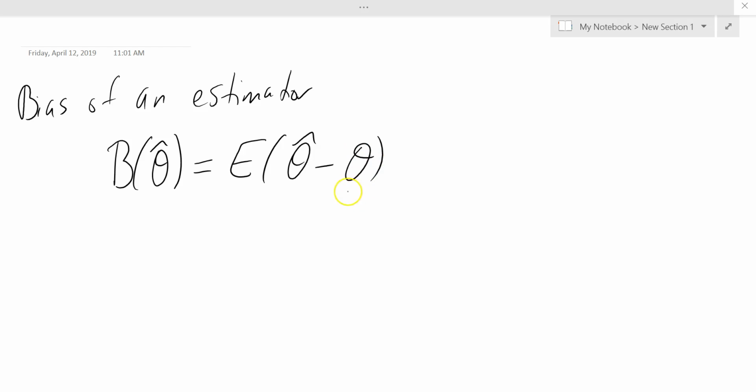Now again, this is the population parameter. So for a given population, it doesn't change. So as far as the expected value is concerned, that's a constant. And what's the expected value of a constant? The constant, right? So this is just the expected value of theta hat minus theta.